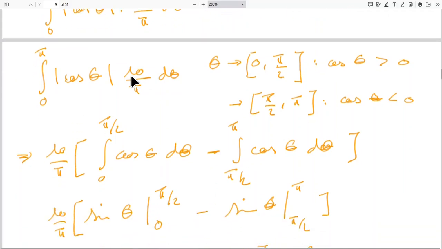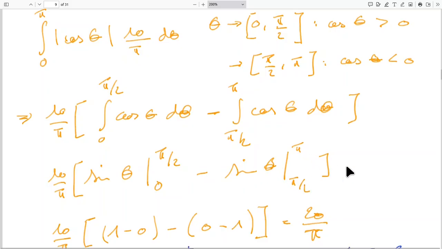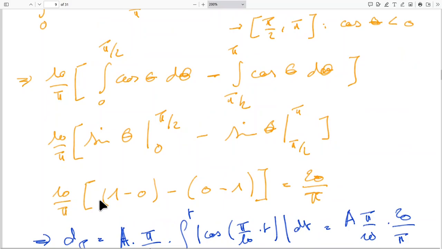We get 10/π, which we can take out, times the integral from 0 to π/2 of cos θ dθ minus the integral from π/2 to π of cos θ dθ. That turns out to be sin θ between 0 and π/2 minus sin θ between π/2 and π. So 10/π times (1 minus 0) minus (0 minus 1). That turns out to be 2, so that's 20/π.